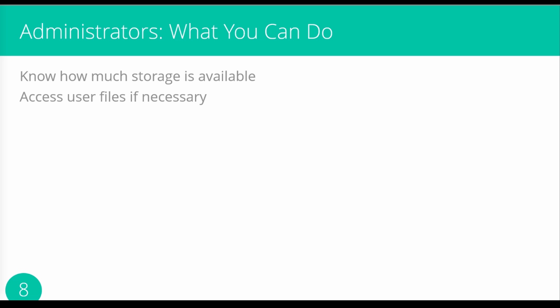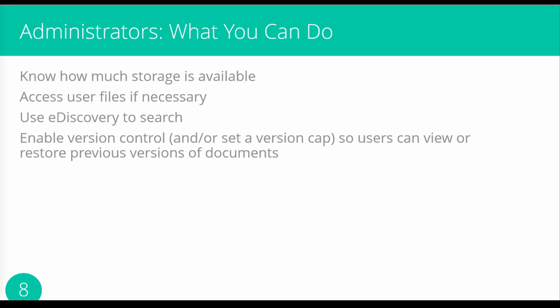And along with accessing files, eDiscovery Search can help an admin perform searches against user files if there needs to be compliance checks or things like that. And then version control is something important to mention, and I don't know if all admins are aware that they can enable or disable version control or set a cap on the number of versions that are stored so users can view or restore previous versions of documents.